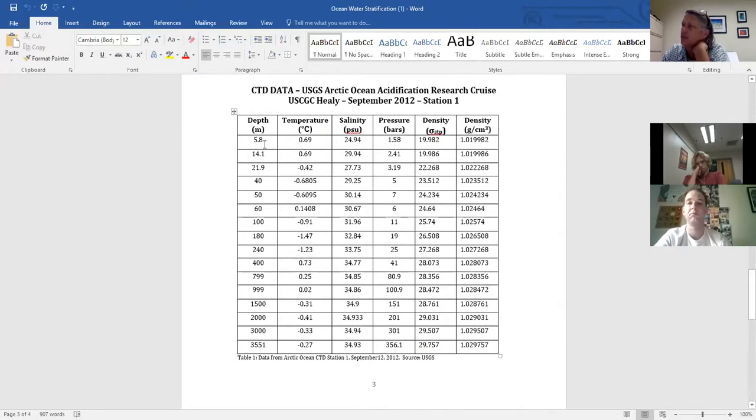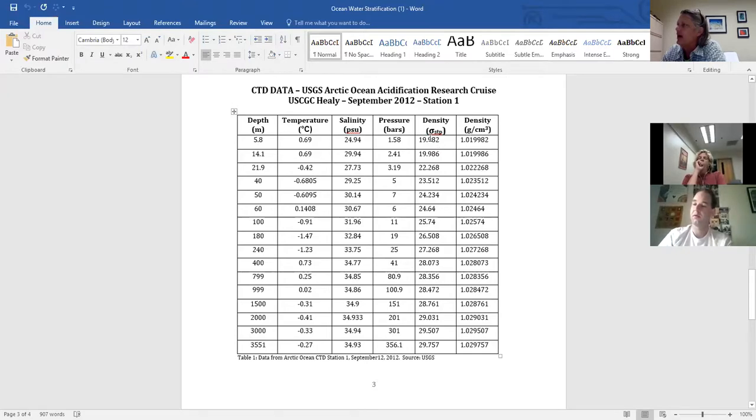And notice your depths, the temperature readings, your salinity. Now they say PSU, which is the same as parts per thousand, the pressure, and then here's your density in grams per centimeter cubed. This is the one that we look at.